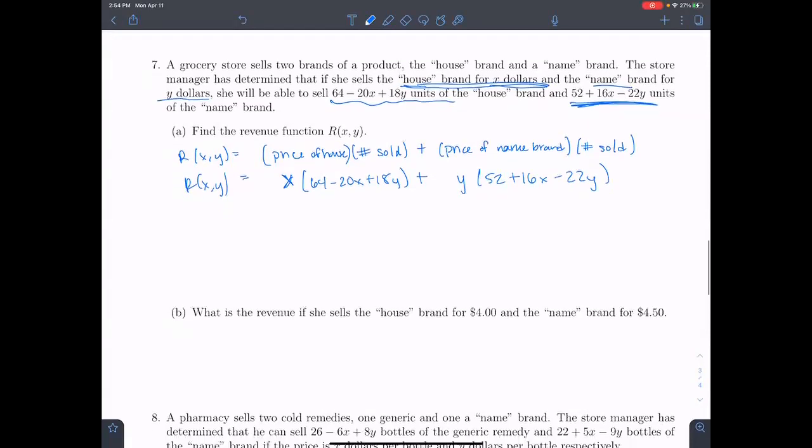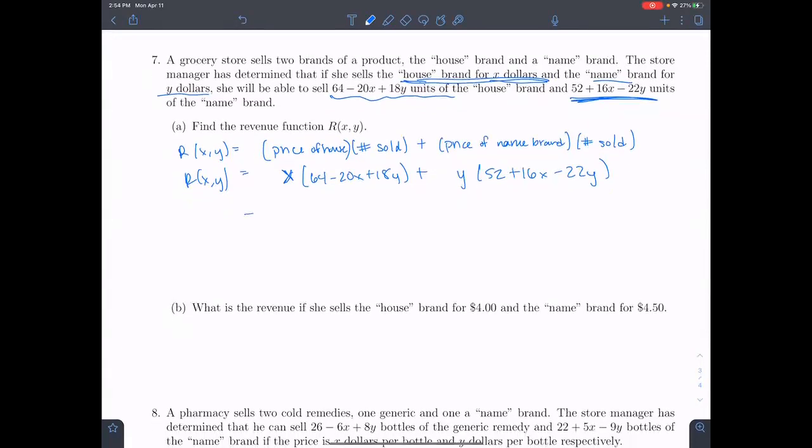This could use some cleaning up, simplifying, etc. So you have 64X minus 20X squared. If you were to do anything with it, you would want it to be cleaner. Plus 18XY plus 16XY minus 22Y squared. Okay, so X squared terms, I just have the one.